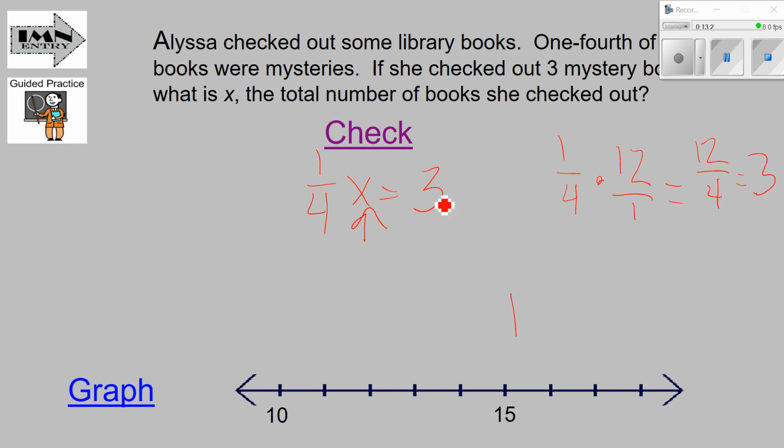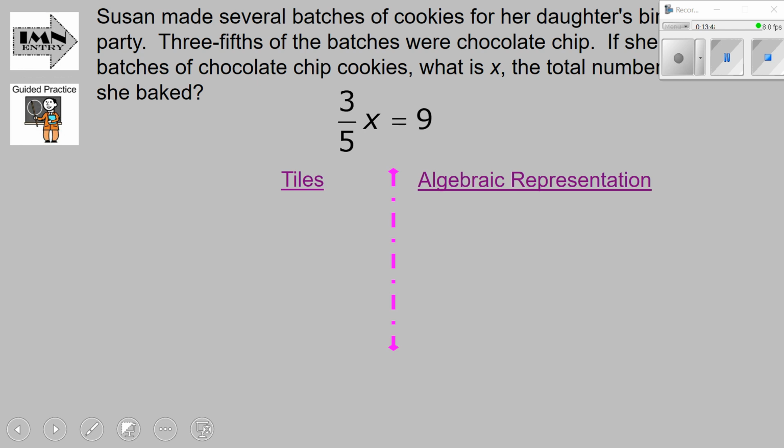It's 3. Does that check out? Yes. When I put it on the graph, because we're talking about an equation, it is equal to 12. So it's going to be a closed dot. And that's it. There's no arrows because it is only 12. X has to be 12. Okay? So let's try this one.